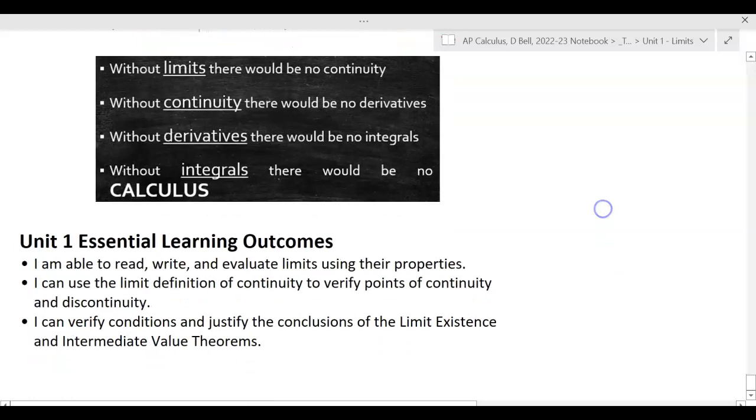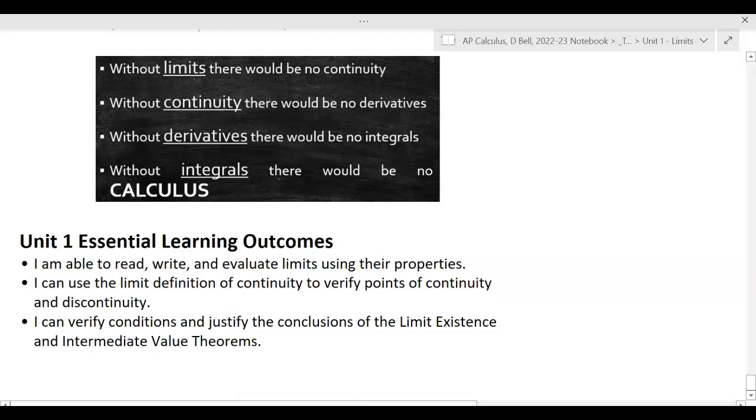So again, without limits, there would be no continuity. We have to be able to define continuity or know whether a function is continuous in order to apply the calculus portion. Without continuity, there would be no derivatives.